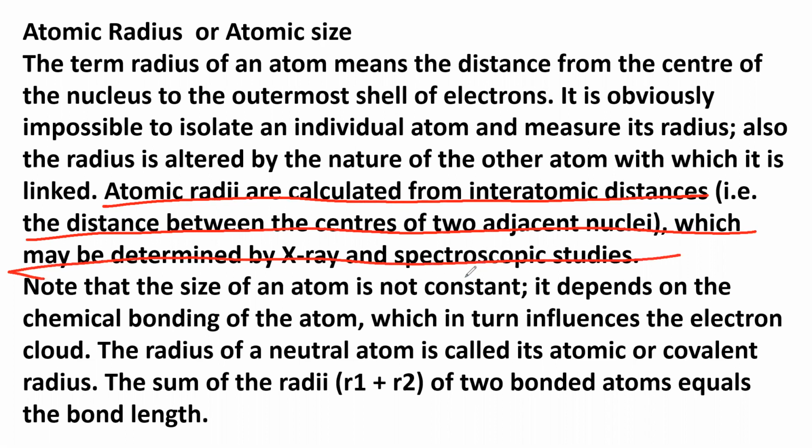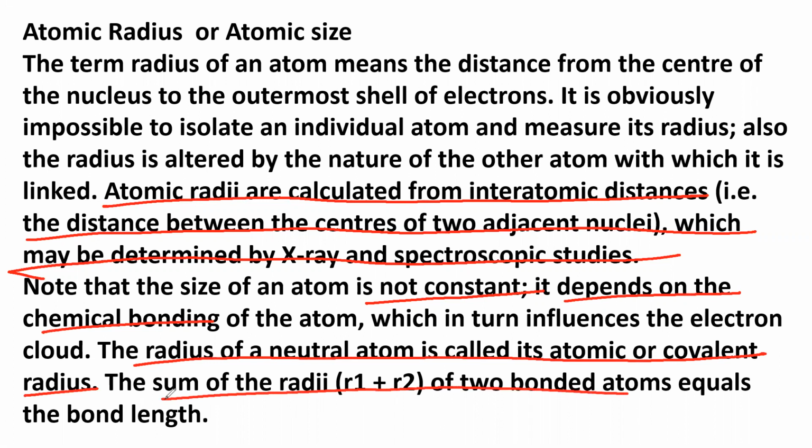Note that the size of an atom is not constant. It depends on the chemical bonding of the atom, which in turn influences the electron cloud. The radius of a neutral atom is called its atomic or covalent radius. The sum of the radii R1 plus R2 of two bonded atoms equals the bond length.